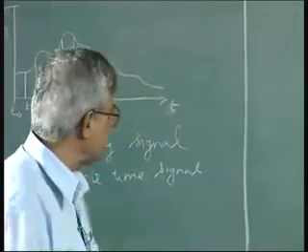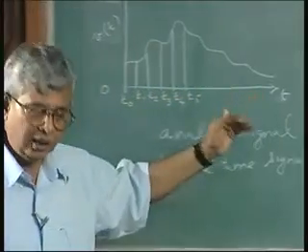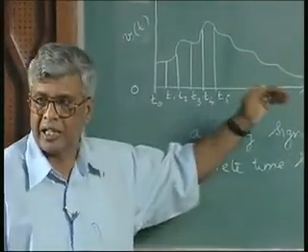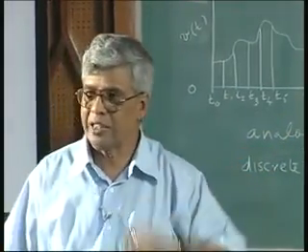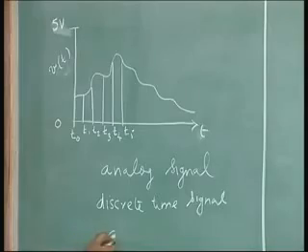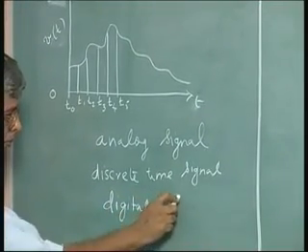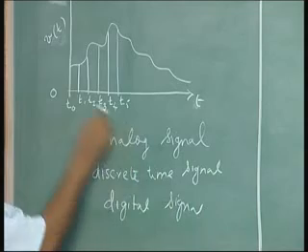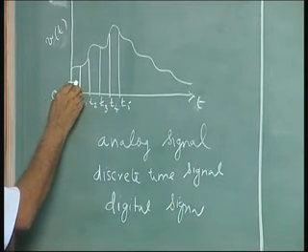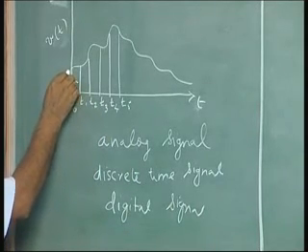So when I discretize the amplitude in addition to discretizing the time, I get what is known as a digital signal. That means I will only allow these variations.